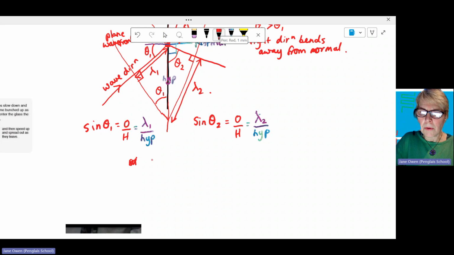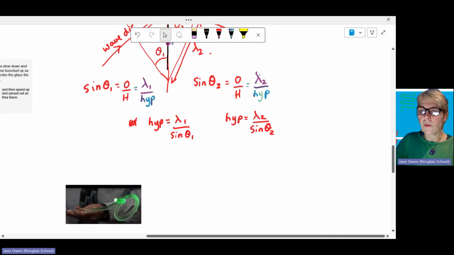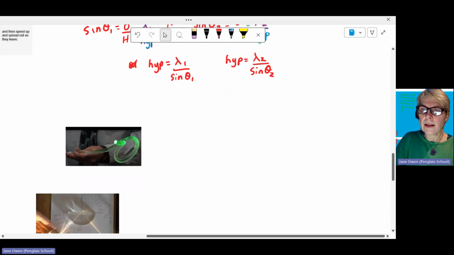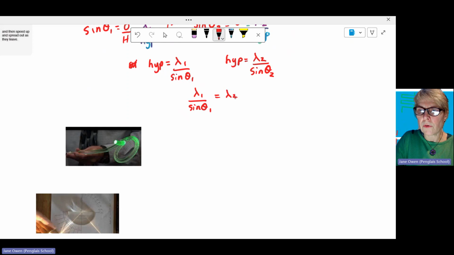So the hypotenuse is given by lambda 1 over sine theta 1 in medium 1, and the hypotenuse here is given by lambda 2 over sine theta 2. Now I can equate the two, and I get lambda 1 over sine theta 1 equals lambda 2 over sine theta 2.